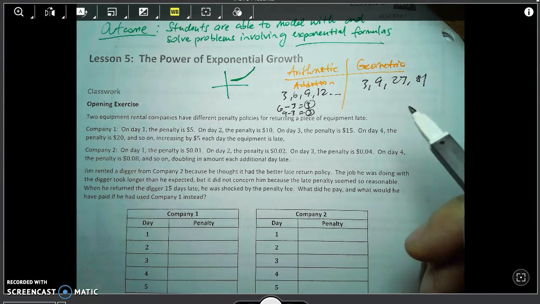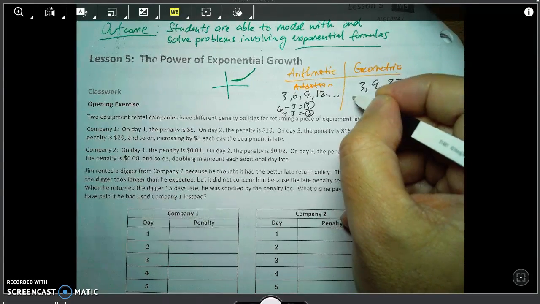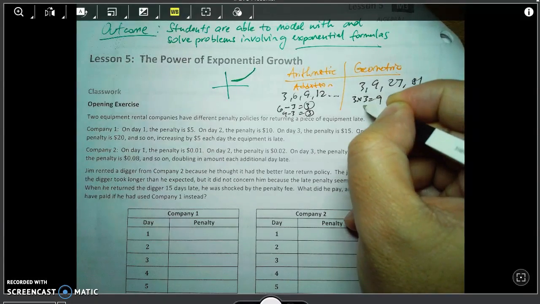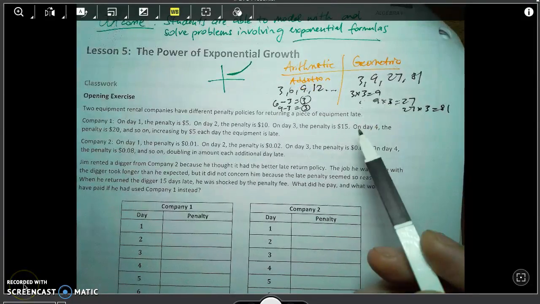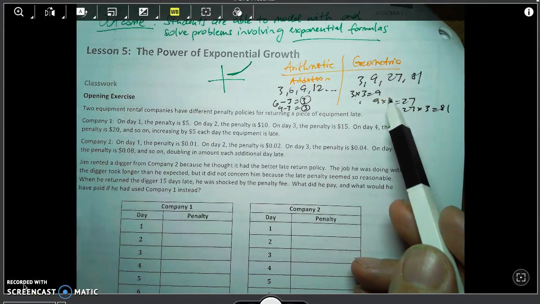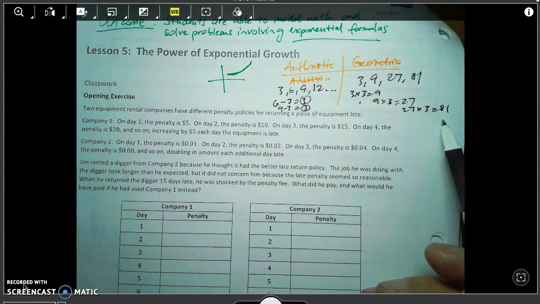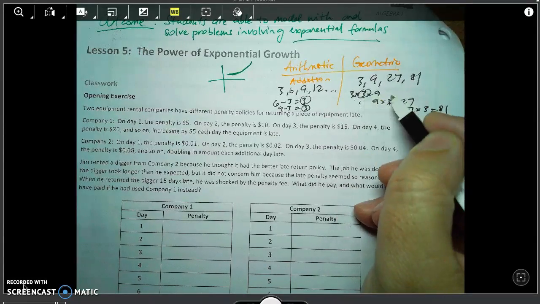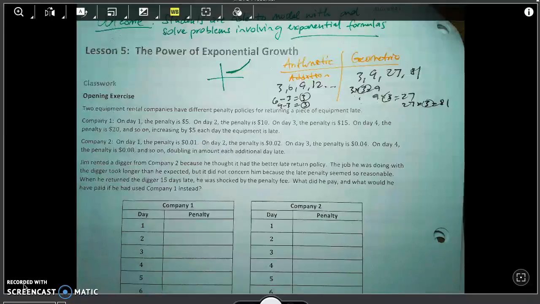You notice that the difference is not the same. But I realize that if I multiply 3 times 3, I get 9, then 9 times 3 is 27, and 27 times 3 is 81. So we found a pattern: we're multiplying the previous number by 3.